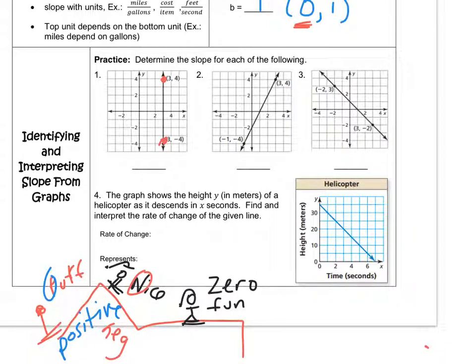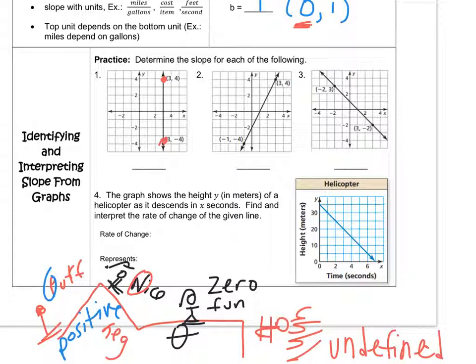It's no fun or zero fun when you're on a flat slope. So that's a 0 slope. And then if he accidentally falls off this mountain, he's going to holler, all the way down as he falls. That means it's undefined. So we're just going to call straight up and down, when you fall off the mountain, undefined.